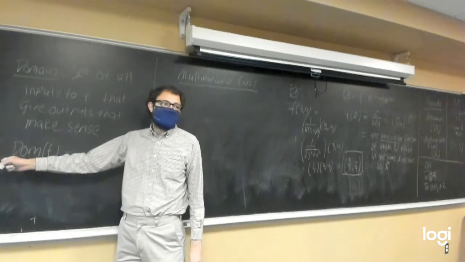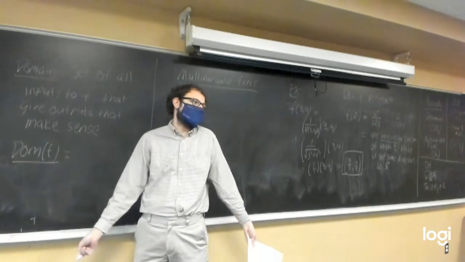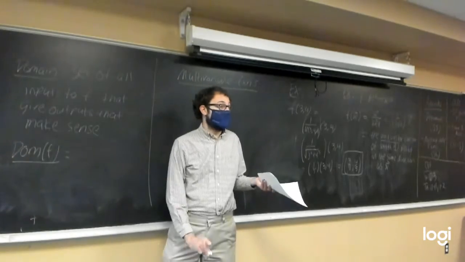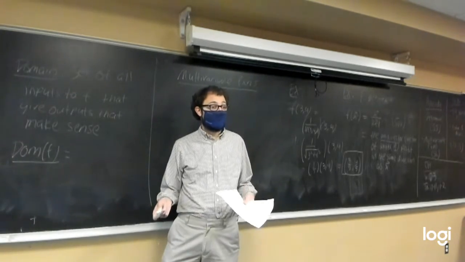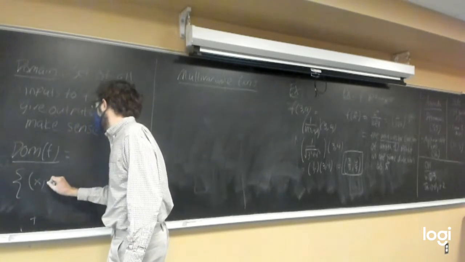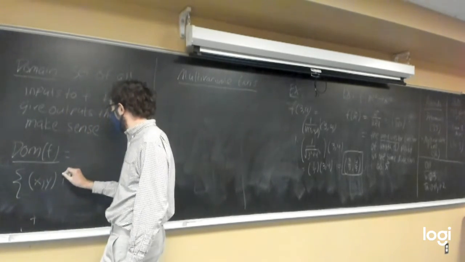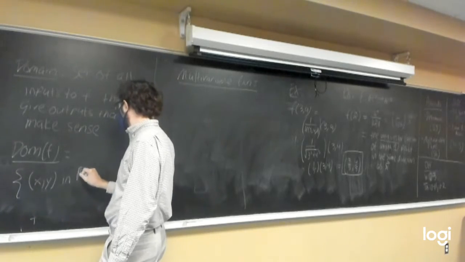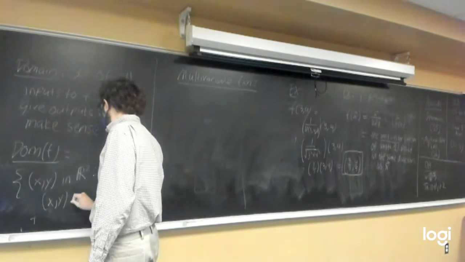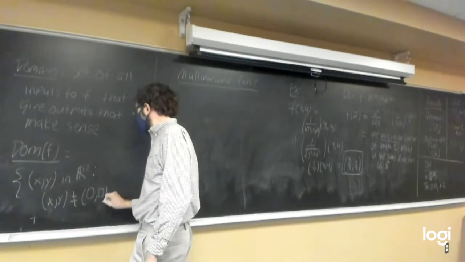First of all, if you ever see dom of f, that just means the domain of the function f. It's going to be a set of vectors, a set of inputs that's okay to plug in. Here's how I'm going to write it: the set of all xy in R2 colon xy is not equal to 0, 0.